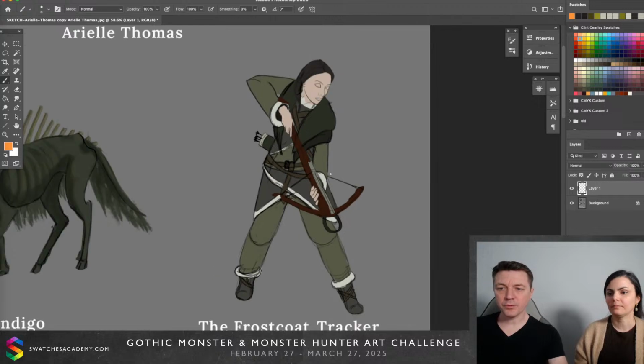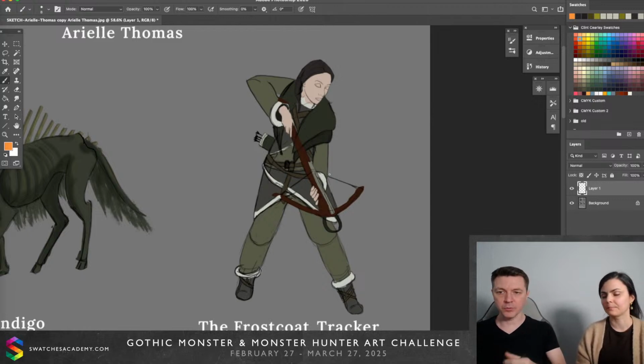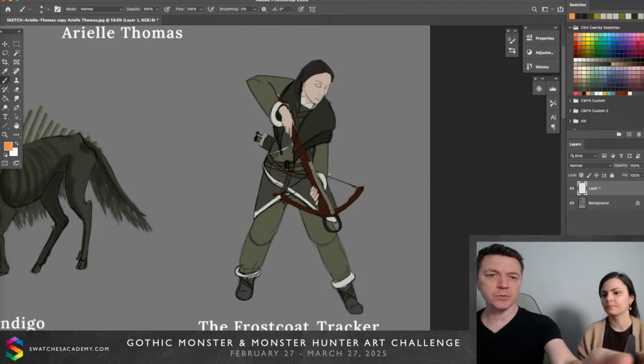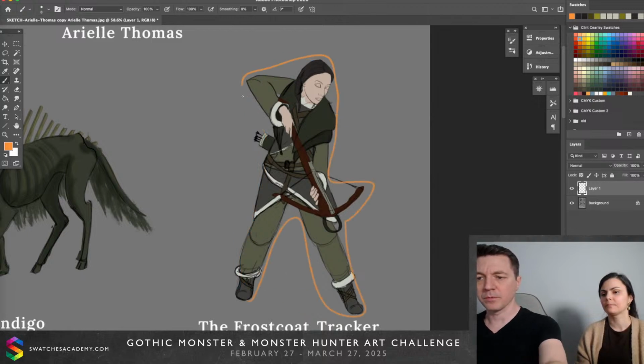Okay, for this, let's start first with the pose. Holding the crossbow, good idea, gets the main weapon front and center. You can see that they're a fighter or a hunter. However, this is where I run into one of the issues that we saw in another piece, which is we have the silhouette of the body here. Look at the silhouette a little closer.